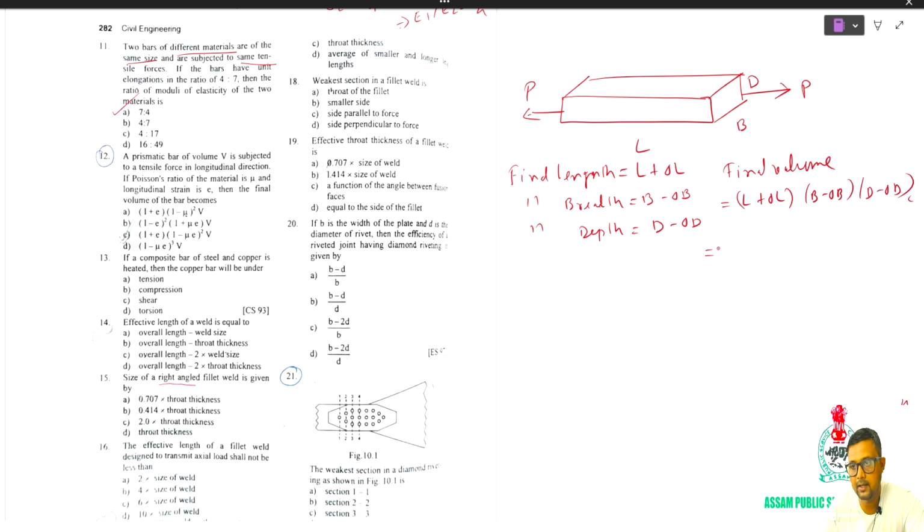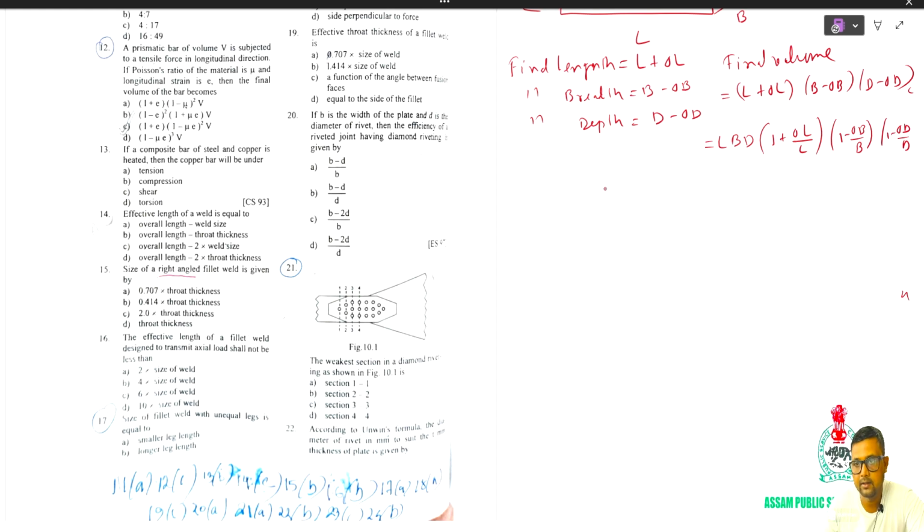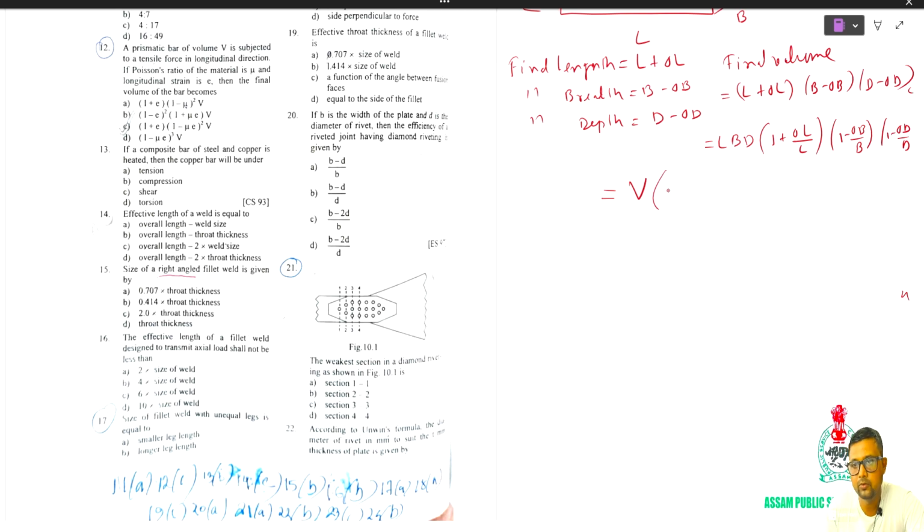Let me take LBD common: 1 plus del L by L, 1 minus del B by B, 1 minus del D by D. Now LBD is the initial volume, let me take as V. So V into (1 plus epsilon X)(1 minus epsilon Y)(1 minus epsilon Z).